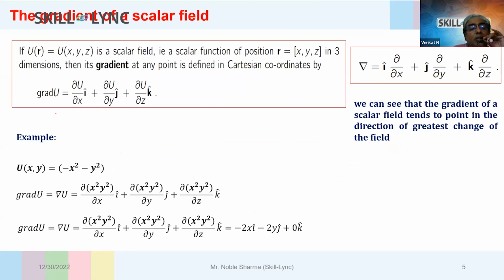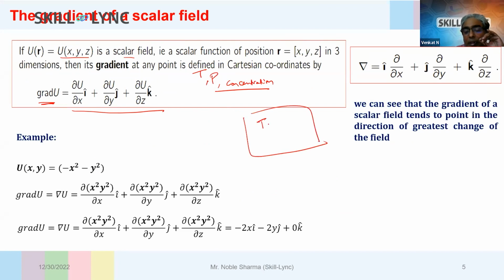So the gradient of U is defined by this expression, if U is a scalar field. What can be a scalar field in fluid dynamics? It can be temperature, pressure, or concentration of species. All these are scalar fields. For example, if I take a 2D domain, T is a function of x, y.